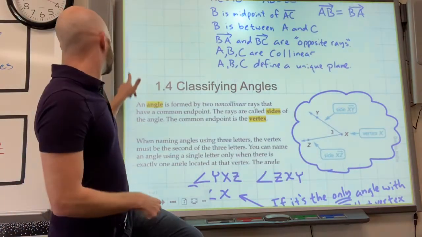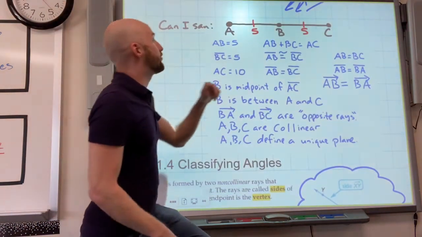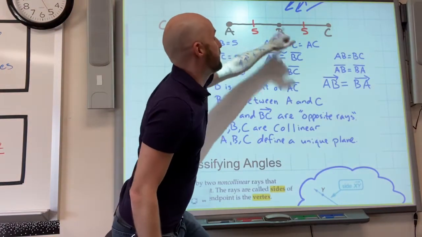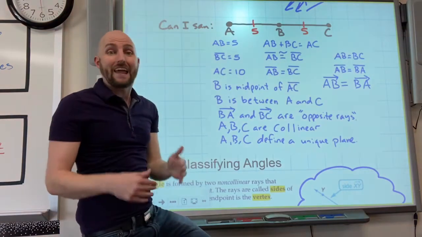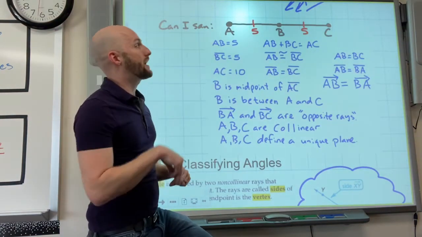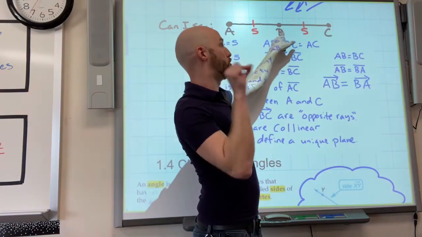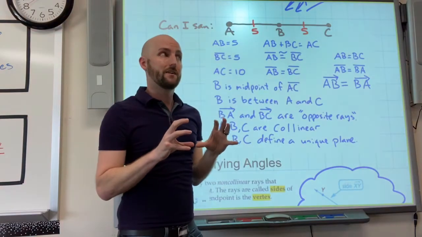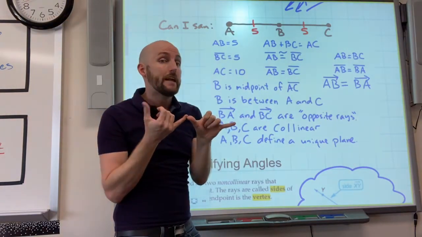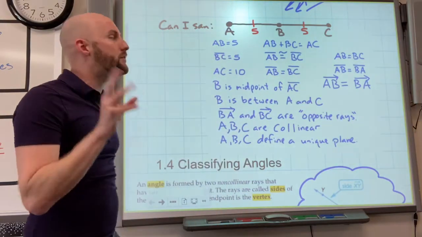So when I ask whether the physical ink of AB is the same thing as the physical ink from BA, I can say yes to that. But I can't say that the physical ink of AB is equal to the physical ink of BC, because those are not the same ink. Now their values might be equal, like they're both 5. So I'm just giving you a little bit of that preview.